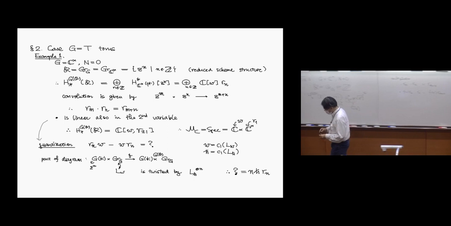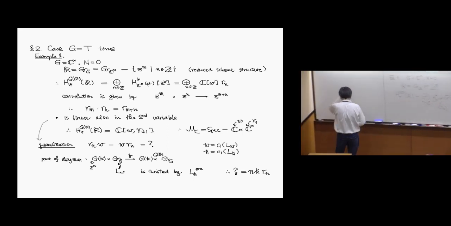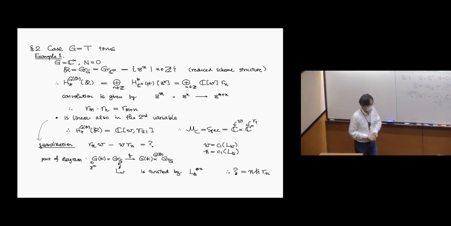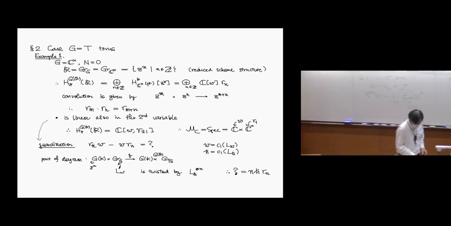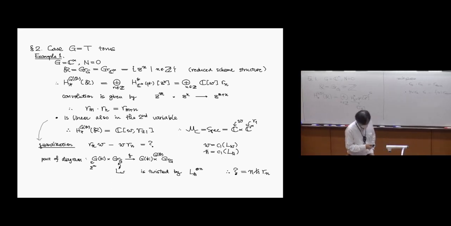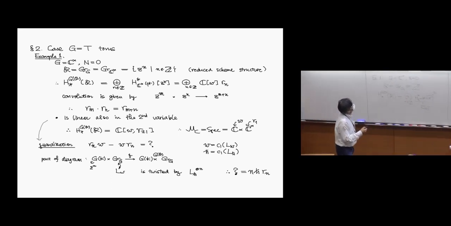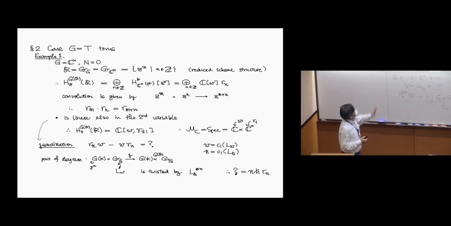And I said that in the second variable, it's a priori not linear, so you must be a little careful. You must use the part of the convolution diagram. And I think it is better to compute it in the case of the quantization.